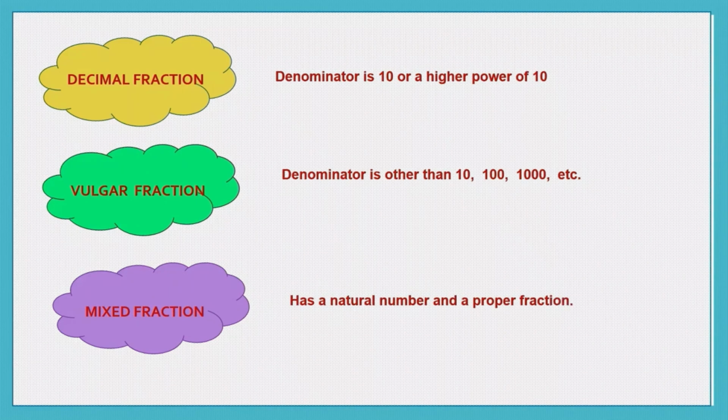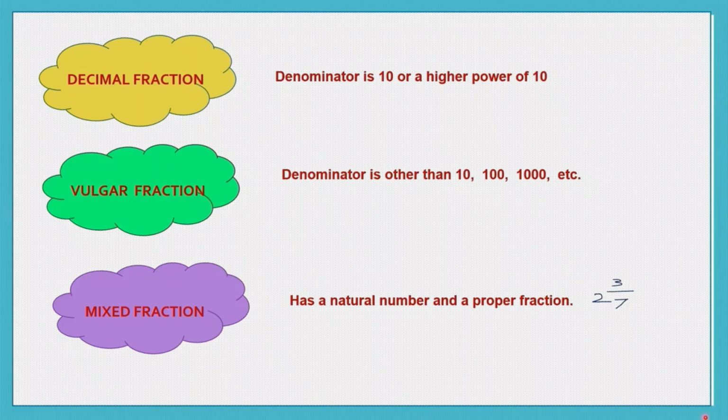That is, I can have a natural number and a proper fraction. Proper fraction is where the denominator is greater than the numerator. So this is called a mixed fraction because it has a natural number. 2 is a natural number and it has a proper fraction 3 by 7. So this is called a mixed fraction.